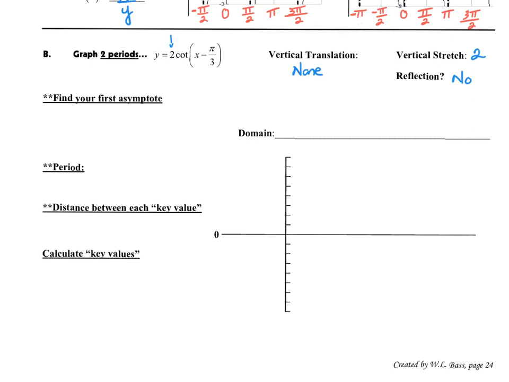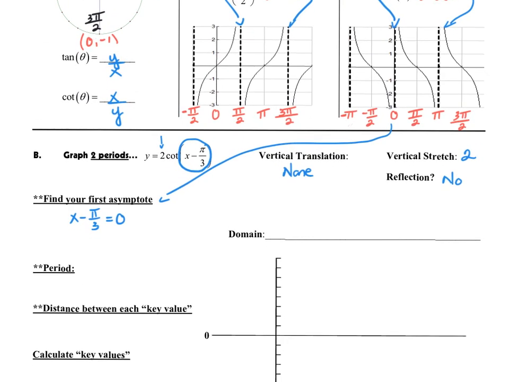Now, to find that first asymptote, just like we did before, we can think about taking this entire expression, this x minus pi over 3, and what we're really thinking then is we're setting that equal to 0 because we're actually trying to move that first asymptote that we're looking at. We're wondering, how did that move?